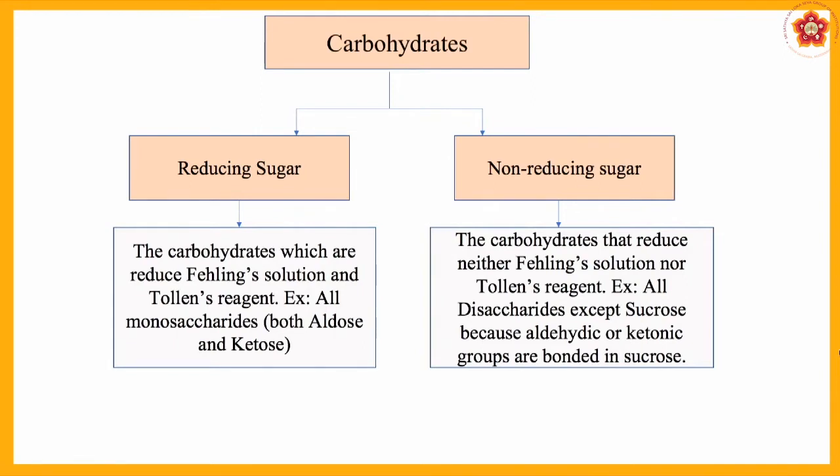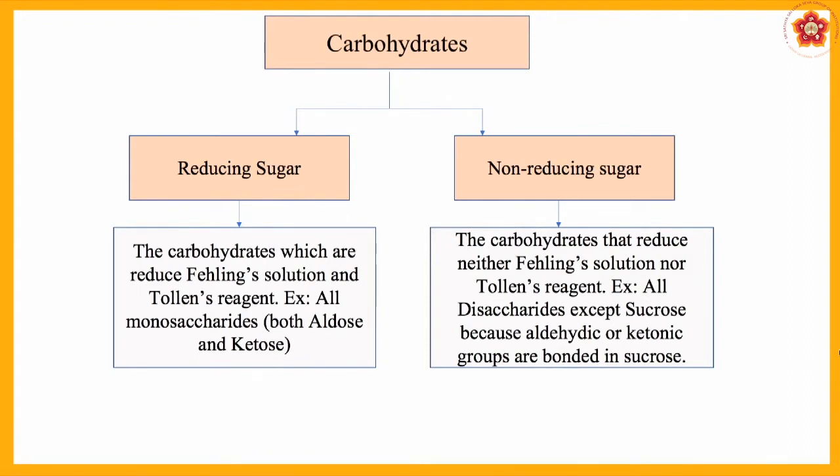Non-reducing sugar means the carbohydrates that reduce neither Fehling solution nor Tollens reagent. For example, all disaccharides except sucrose, because the aldehydic or ketonic groups are bonded in sucrose. This is very important even for the examination.